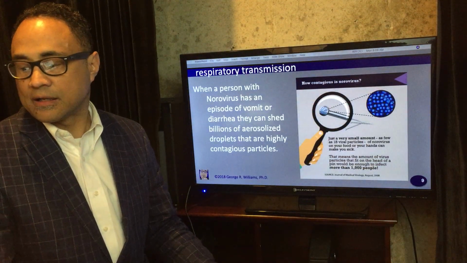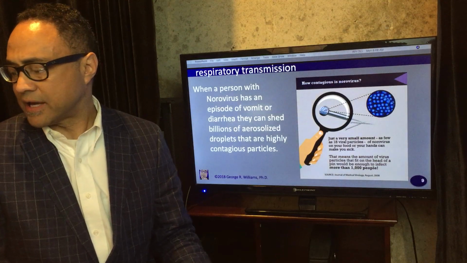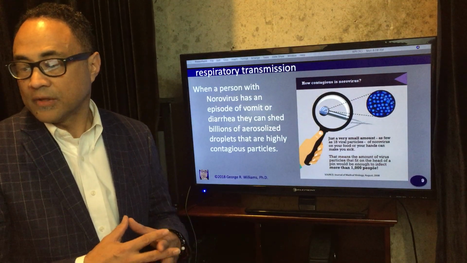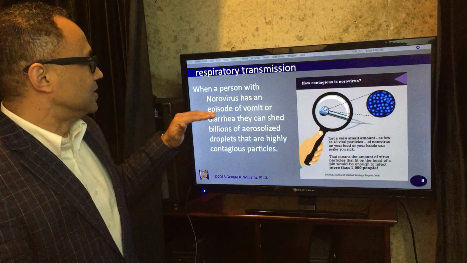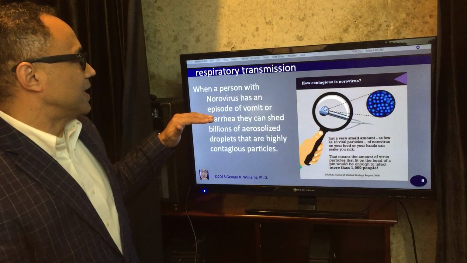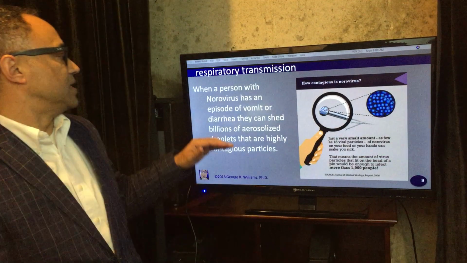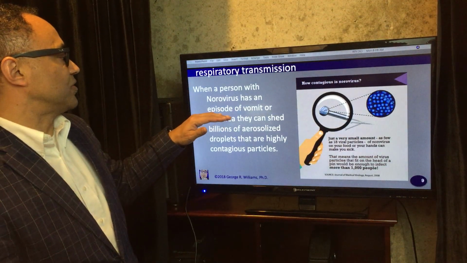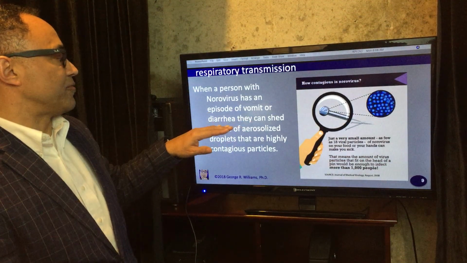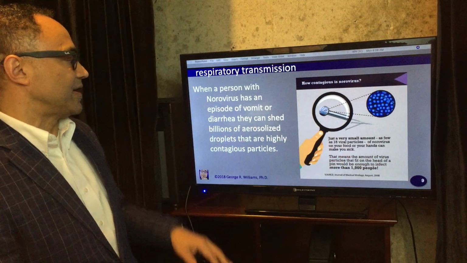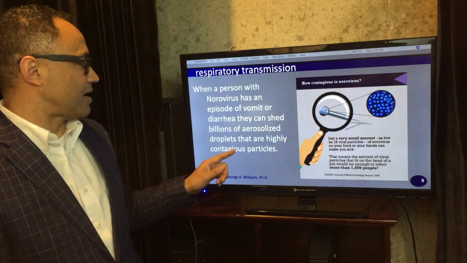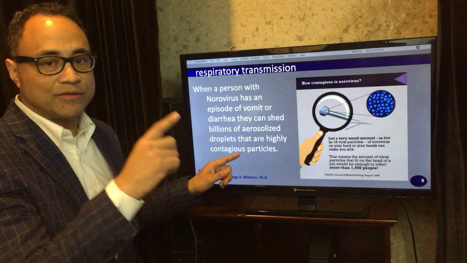And finally, the last respiratory transmission that we're looking at here is the norovirus. And the norovirus is caused by human waste. So episodes of vomit and diarrhea, they can shed billions of aerosolized droplets that are highly contagious particles. So they're traveling through the air.